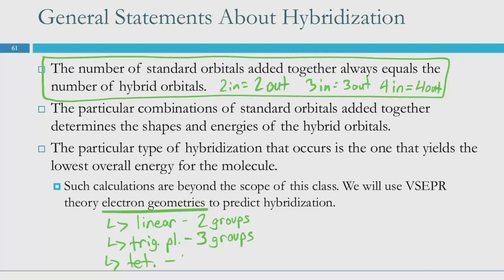Tetrahedral with 4 groups. 5 was trigonal bipyramidal, 6 was octahedral.